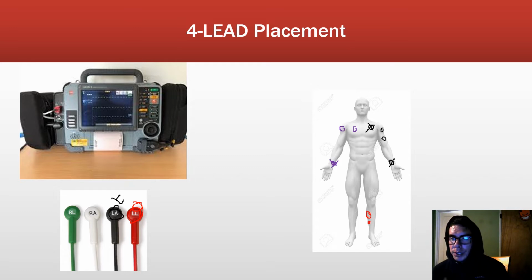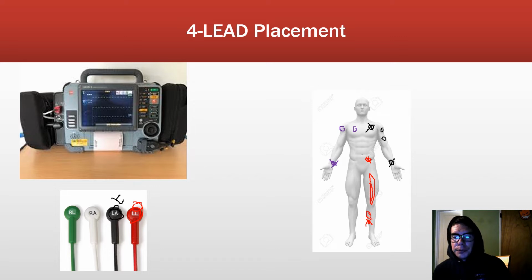And again, we want it to be farther out on the limbs for a more sensitive, accurate tracing. But if you need to, you can put it right there as well. It can go pretty much anywhere along here as long as it's not on a bony area, but here and here especially are the main spots that we want to put it.